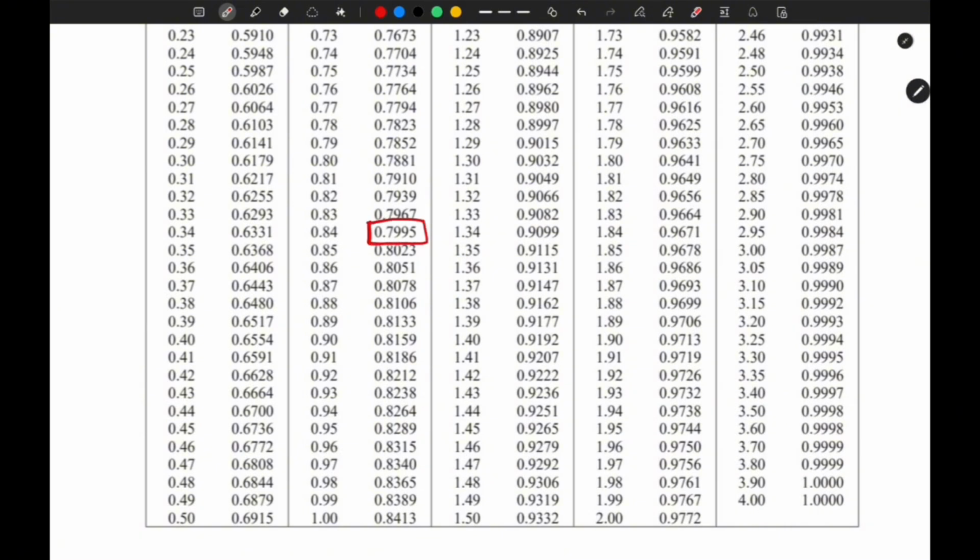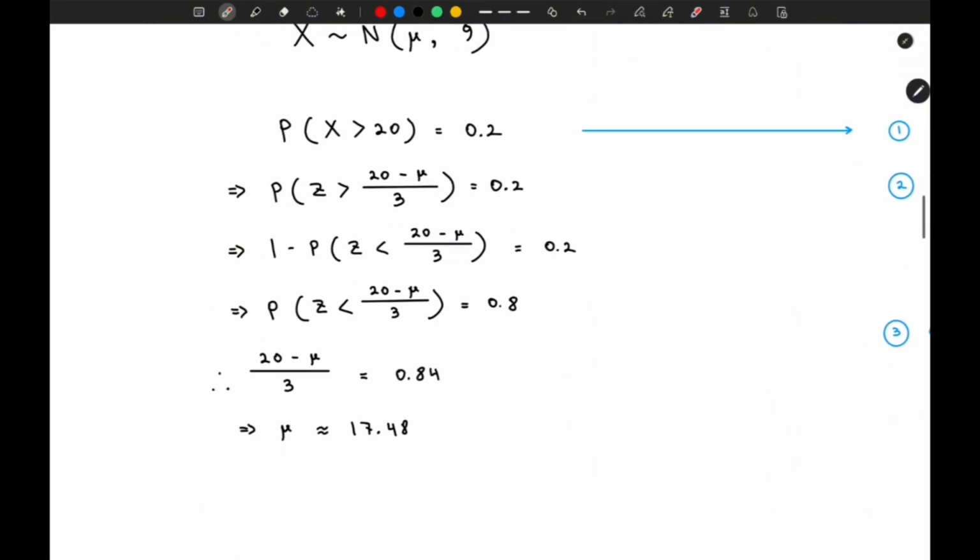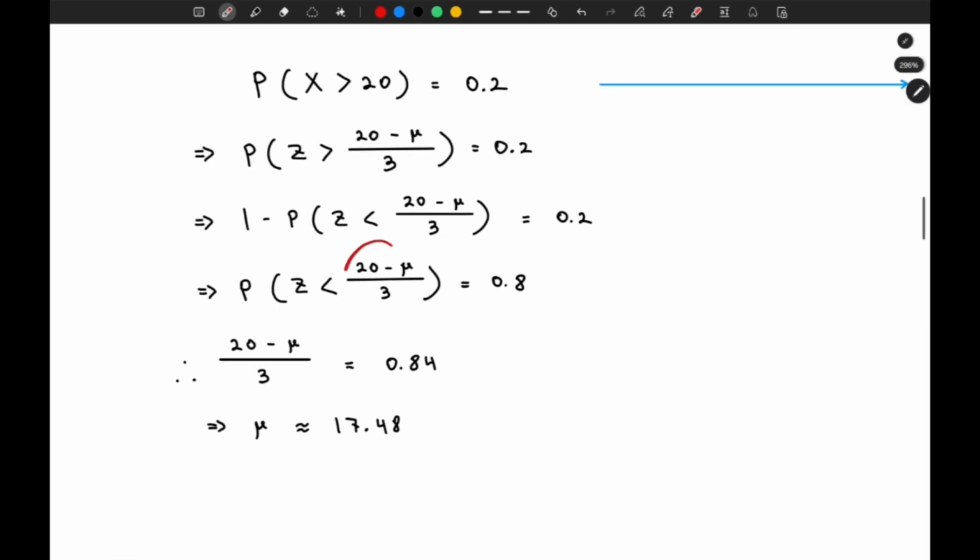So we can just choose this value. We do not have an exact value for 0.8. So when the value of phi z is 0.7995, the value of z is 0.84. So now we can say that this value is equal to 0.84. Now we can just solve the equation as usual and get the value for mu.